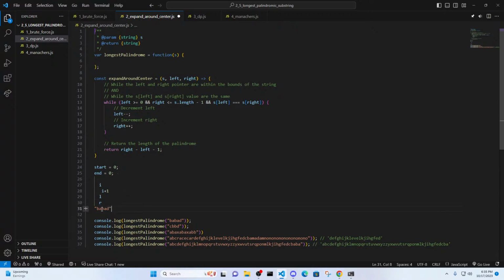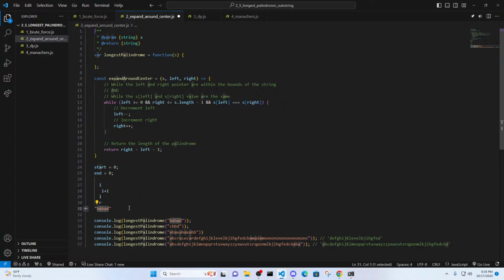So on the first one, on this A right here, we're checking for centers. The left and right are both on I. We enter this right here. Left is greater than 0. Right is less than s dot length.